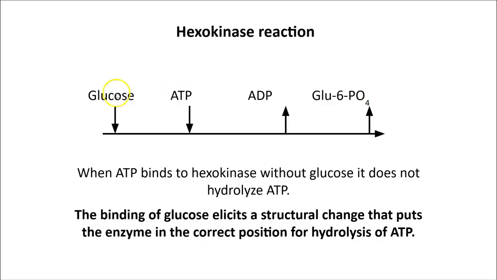So glucose is very important for the enzyme to start to hydrolyze that ATP, and that phosphorus group will be attached to the glucose, and then you have that ADP being exported out.